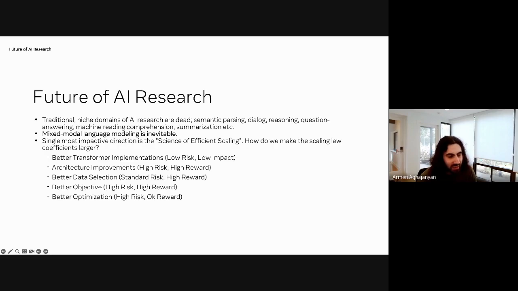In that sense, if you have a general-purpose mixed-modal agent, presumably it should be very easy to get it to play a game, if that makes sense. For me, starting from scratch for every RL game seems kind of weird.